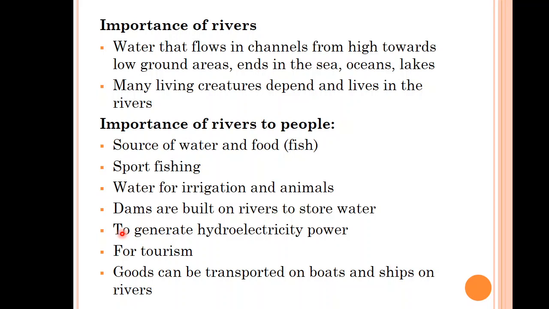It's also used to generate hydroelectric power when water is falling from high ground areas to low ground areas, like what I said, the Ruacana Falls, and also for tourism. And we also transport our goods on boats and ships through the rivers.